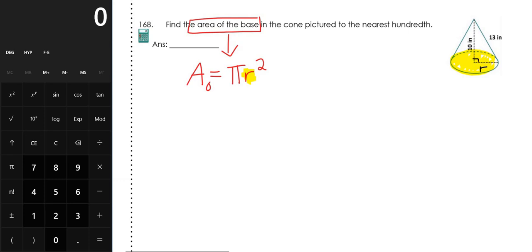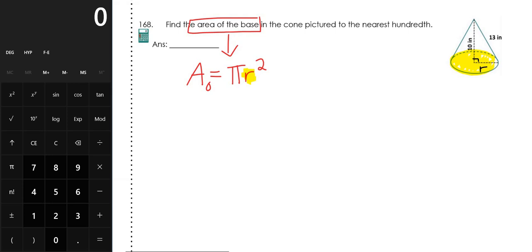We're going to be able to solve for that radius by using that right triangle. We're not going to use trig because we don't have an angle. Instead, we're going to use the Pythagorean theorem. Let's solve for r using the Pythagorean theorem, and then plug that r into our area formula for a circle, and then we'll have our answer.